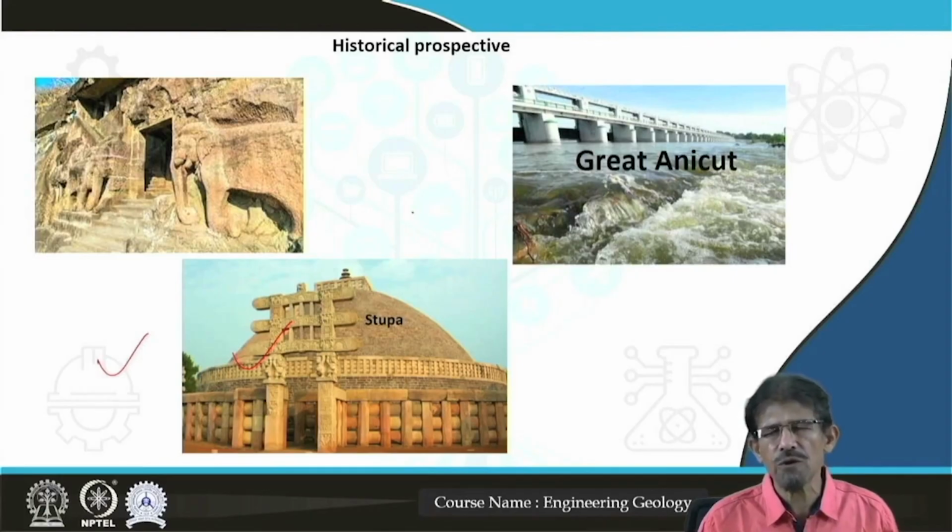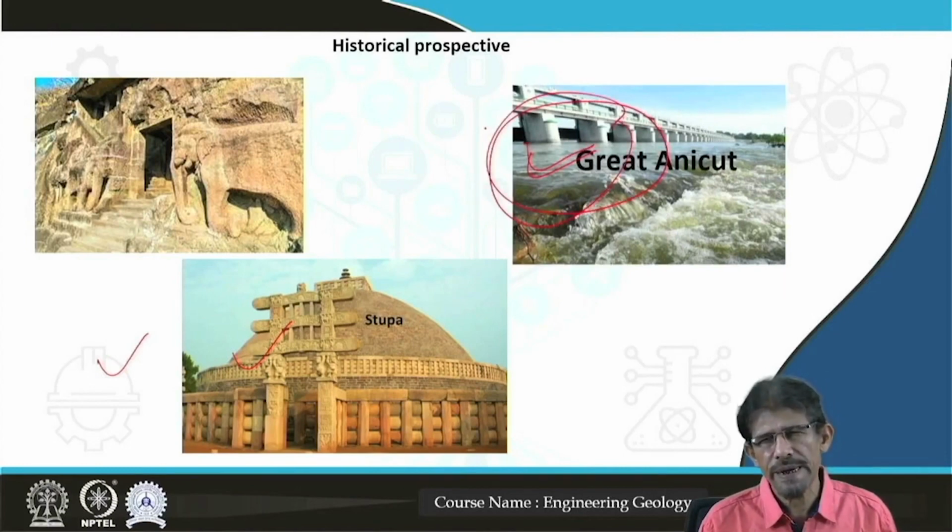Then in South India, people became familiar with dam type structures for distribution of water to nearby areas for irrigation and drinking.